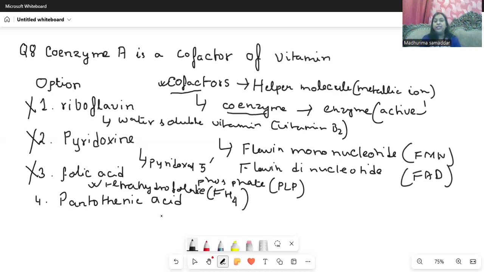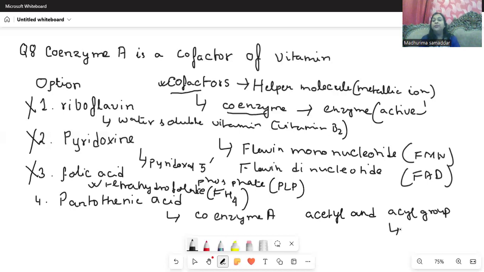Yes, from pantothenic acid, the cofactor that is derived is coenzyme A. This is also very essential because coenzyme A helps in transferring the acetyl and acyl groups in different metabolic pathways.